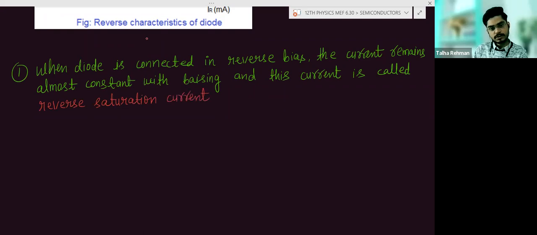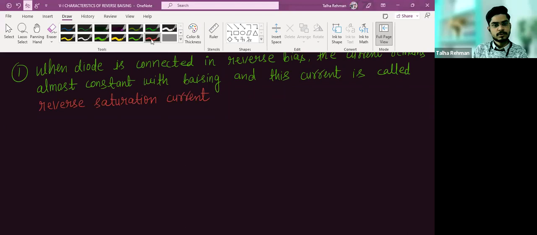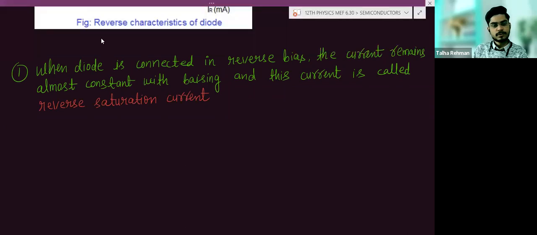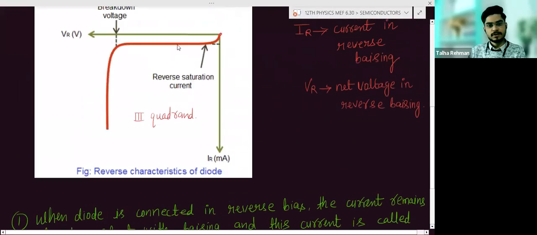Reverse saturation current. We are talking about this current.